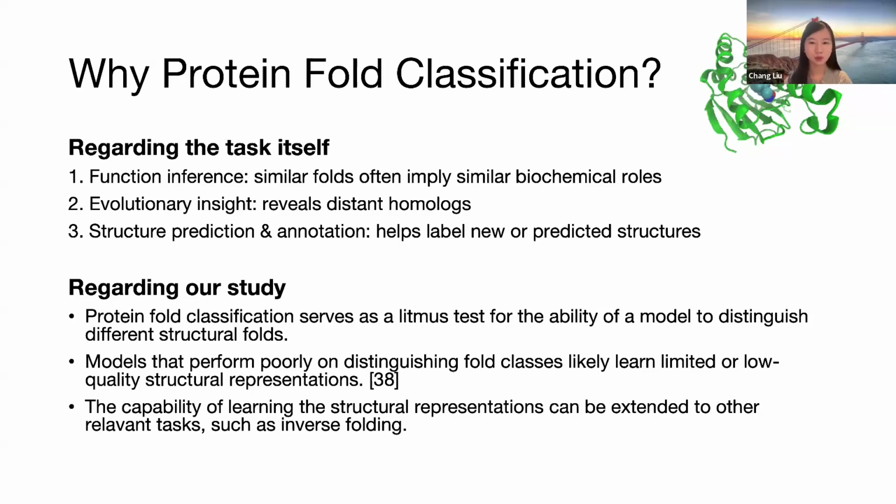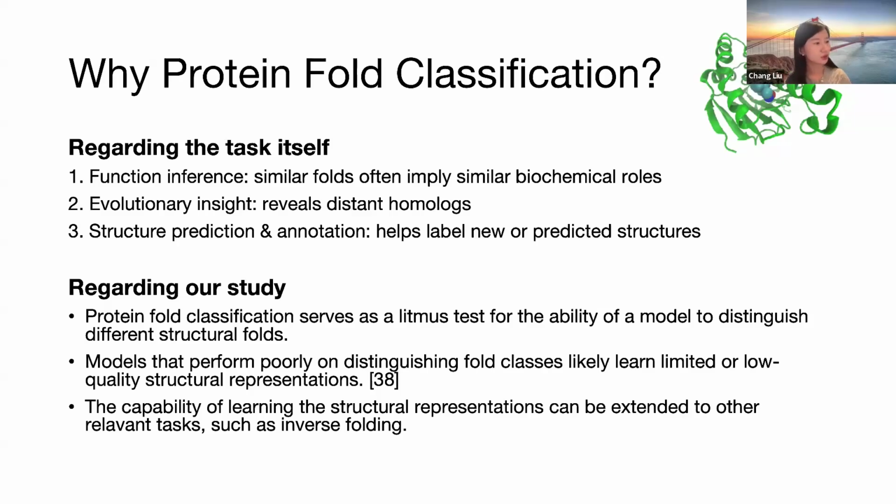From what we learned previously, protein fold classification serves as a litmus test for the ability of a model to distinguish different structural folds. It stands to reason that models that perform poorly on distinguishing fold classes likely learn limited or low quality structural representations.